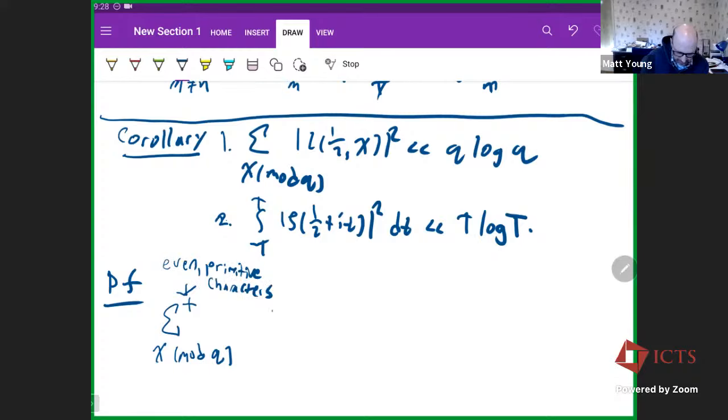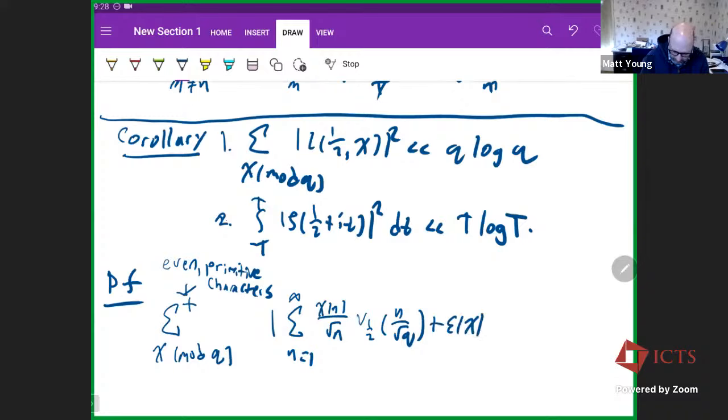And all right. And then for primitive even characters, I have the approximate functional equation of the form sum of chi of n over square root of n, I've got this V_{1/2} of n over square root of q. Oh, I forgot to mention the x, but okay, let's write down what we've got here. So I'm going to choose x equals 1.